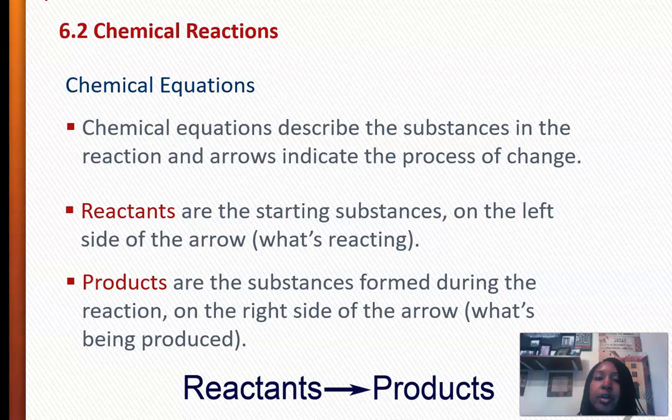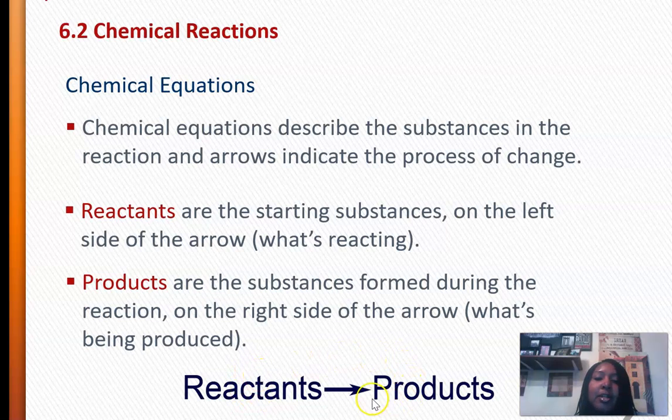All right, and so chemical equations: when you're dealing with chemical reactions, you're going to see a chemical equation. A chemical equation describes the substances in the reaction, and arrows indicate the process of change. In a chemical equation, you have reactants and you have products. The reactants are the starting substances, and they're on the left side of the arrow.